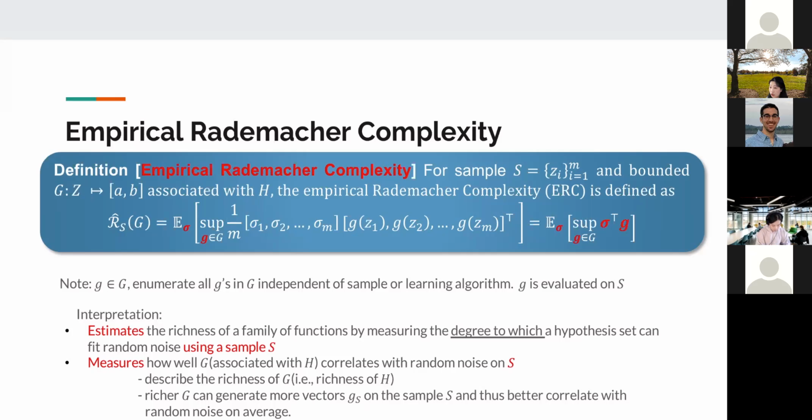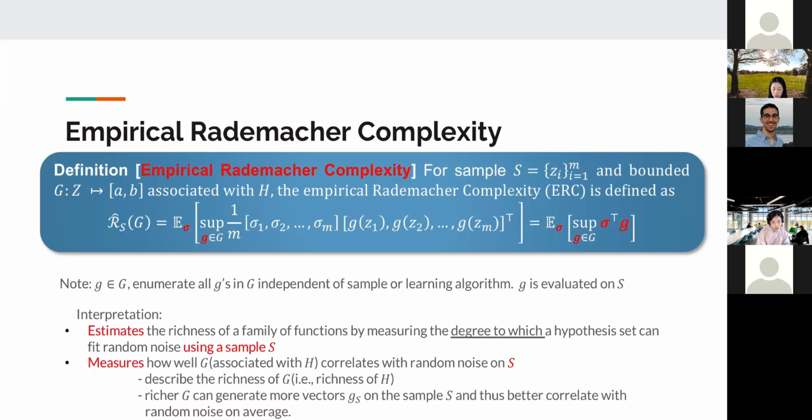And you have a bounded G. When I say G, you should think of the loss function family that is associated with the hypothesis set H. So G maps from Z to [a, b], bounded between a and b. Of course, G has to be associated with the hypothesis set H. So now you're ready to define the ERC.